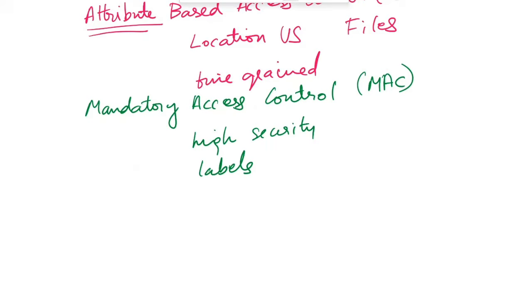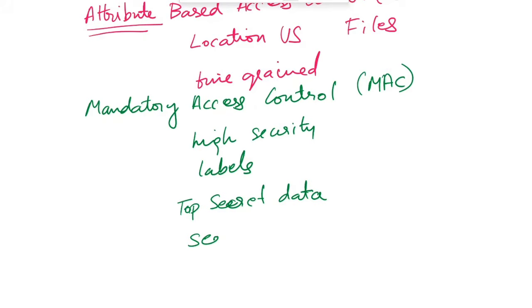The objects also have labels which indicate their level of sensitivity. If you look at the US military system, it usually uses labels such as top secret, secret, confidential, okay, to classify their data. So all the top secret data, right, that can be accessed only by the people that have top secret clearance, and the top secret data cannot be accessed by secret and confidential level clearance.